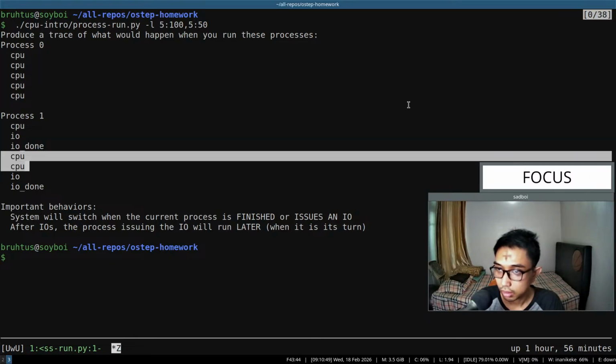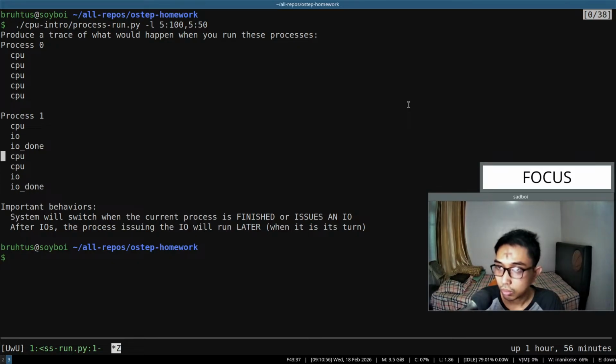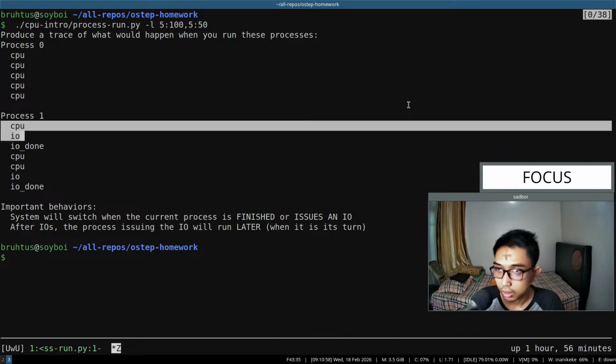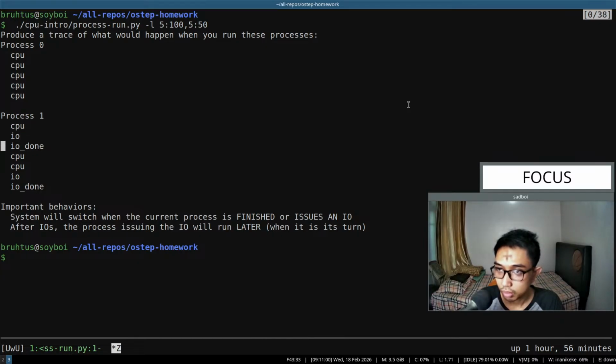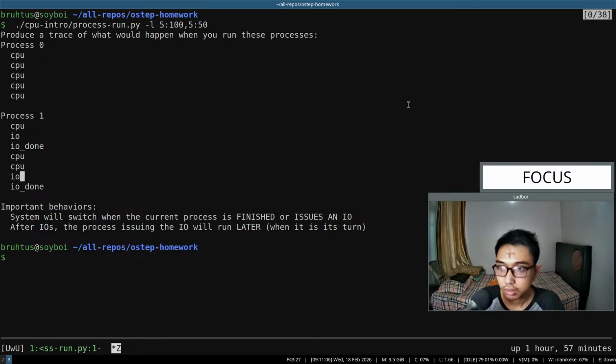Okay, CPU again and then IO done. Oh, this is one process, this is the second process, the third, fourth, and fifth. Oh, okay. And we have this extra, what is it called? State, I guess.